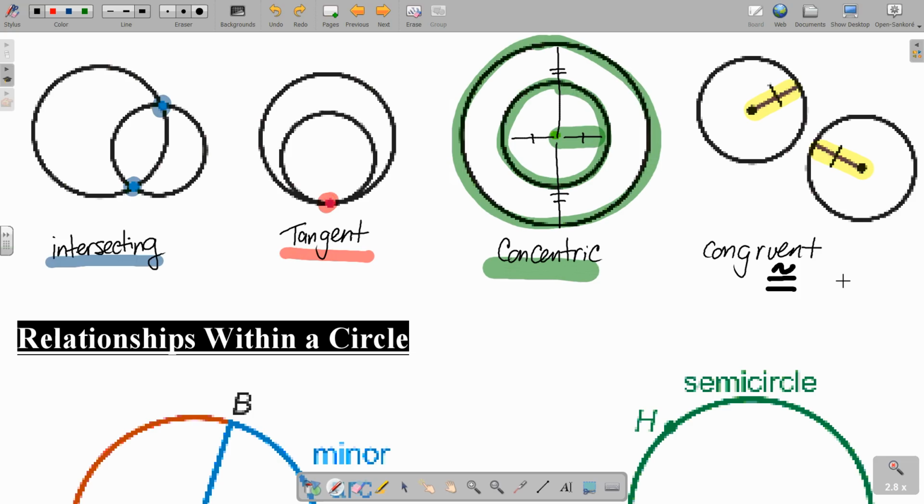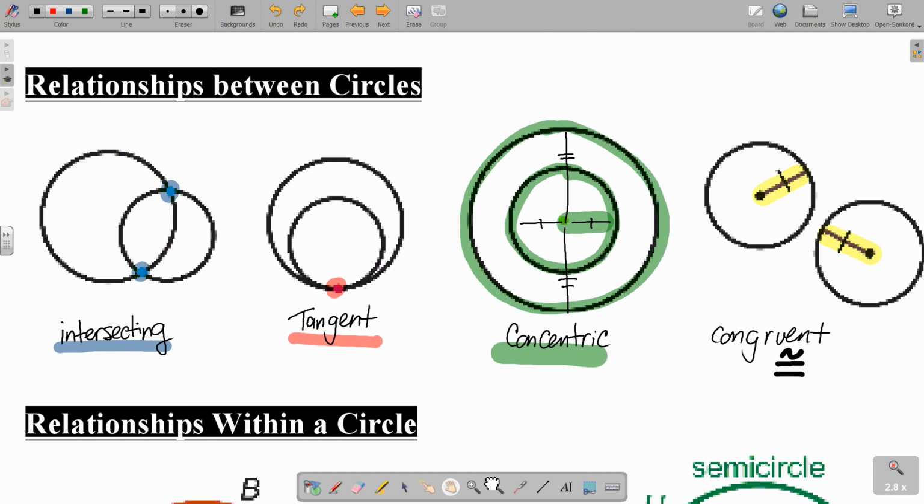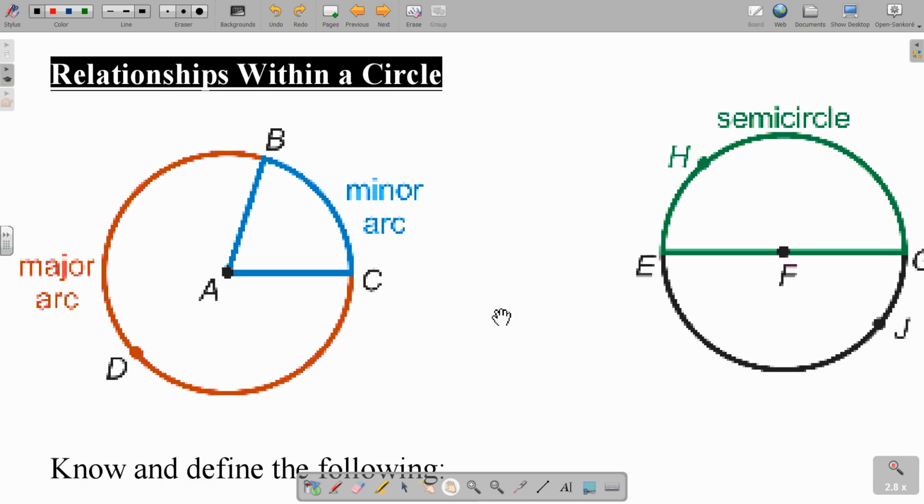Intersection of circles, tangent, concentric, congruent circles. Now that's relationships between circles. Now we're going to talk about relationships inside a circle.